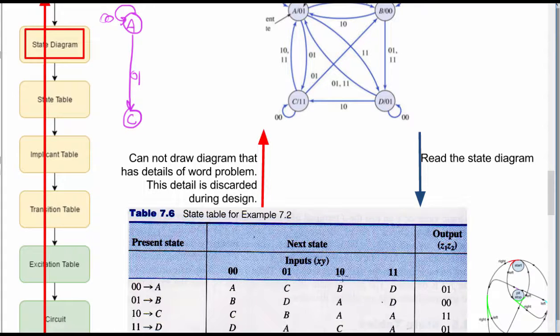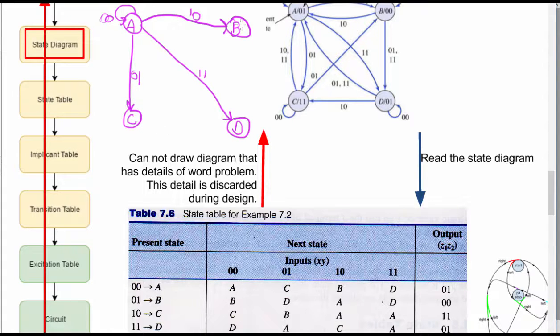And then if it's a 1, 0, it's going to go to state B. And if it's a 1, 1, it's going to go to state D. B was a 1, 0.